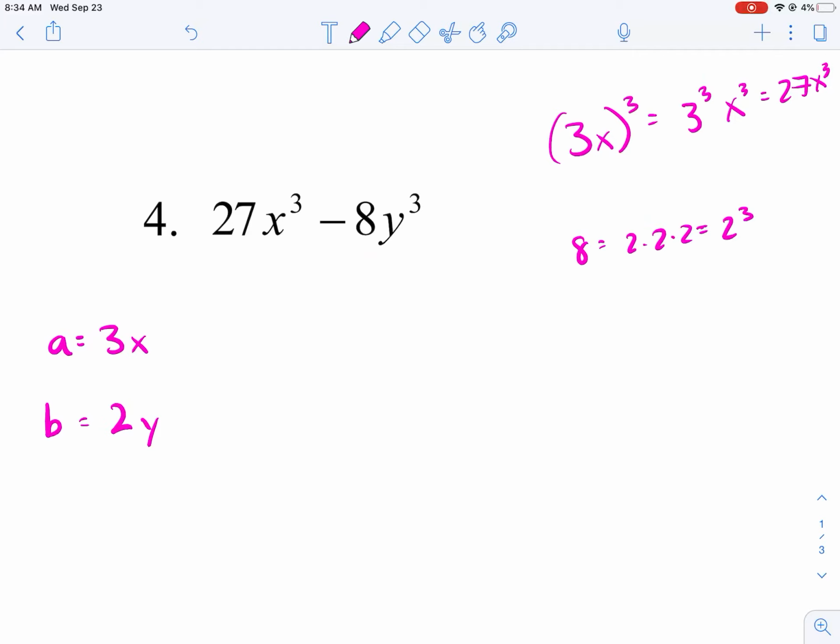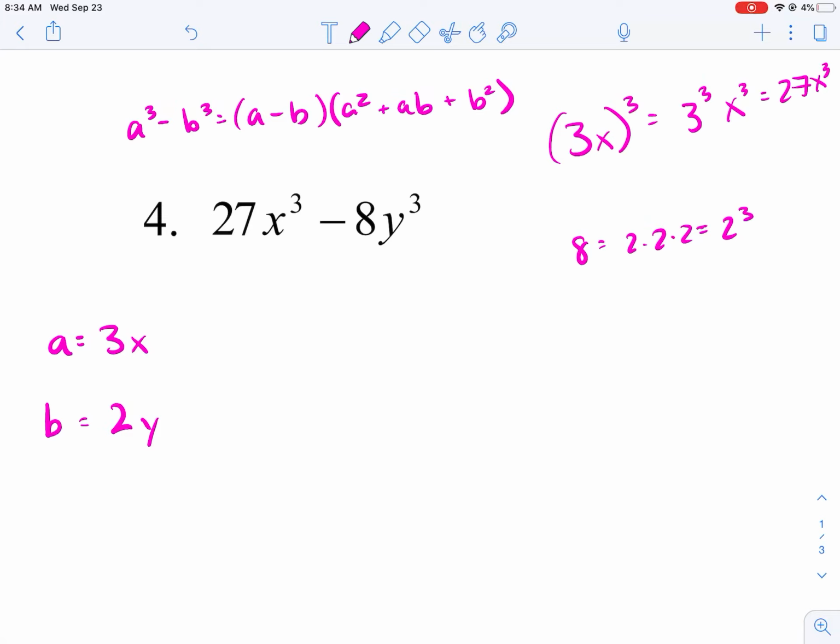So now, again, our equation was a cubed minus b cubed is equal to a minus b, a squared plus ab plus b squared. Okay, so this is where it kind of helps to have these a and b values, because we're going to have to do some extra multiplication once we fill these things in for our expression here.